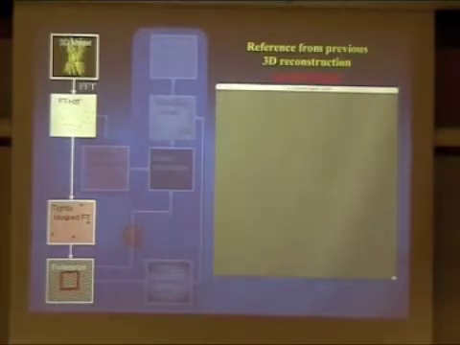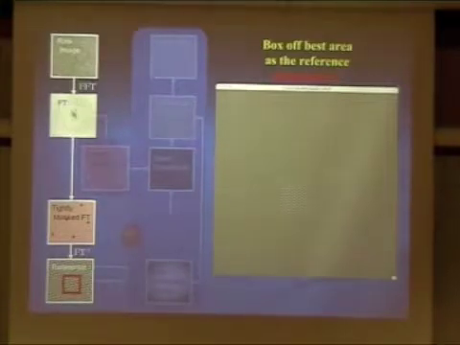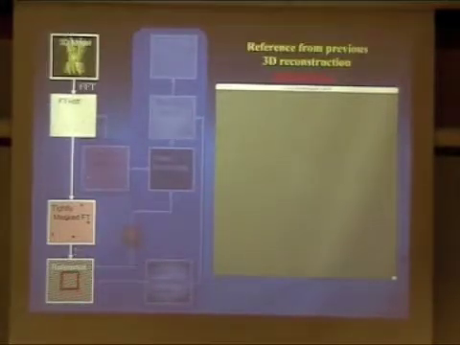Now, so far, what we have been doing is using a reference right inside our image. There's another way of doing this. Once you get to the point that you have merged your data and created your very first 3D map, no matter how bad it is, you can use that as your reference. With the 3D model, you can project it in the same direction in which you collected this particular image, and apply the CTF to it. As a result, you end up with something like a perfect crystal projected in that direction.